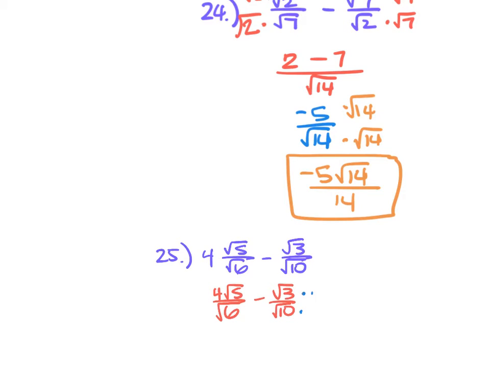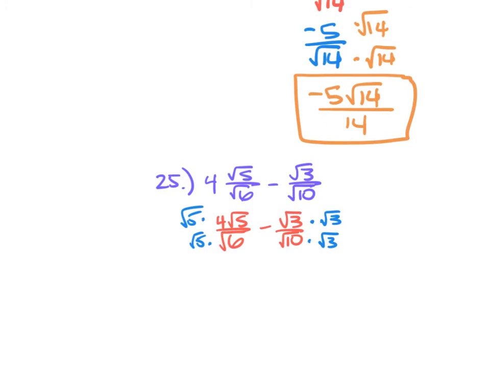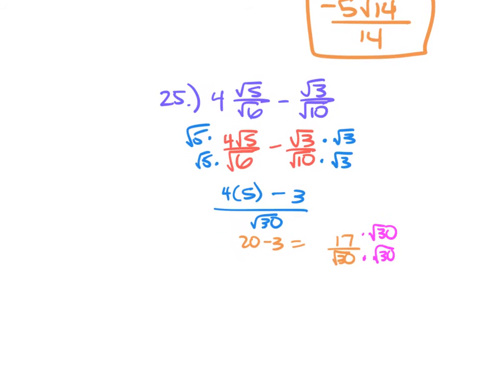So top and bottom of the first one is going to be by the square root of 5, and top and bottom of the second one is going to be by the square root of 3. So this is going to be 4 times 5 minus 3 all over the square root of 30. 4 times 5 is 20 minus 3 is 17 over the square root of 30. So we're going to multiply top and bottom by the square root of 30. So this is going to give us 17 square root 30 all over 30.